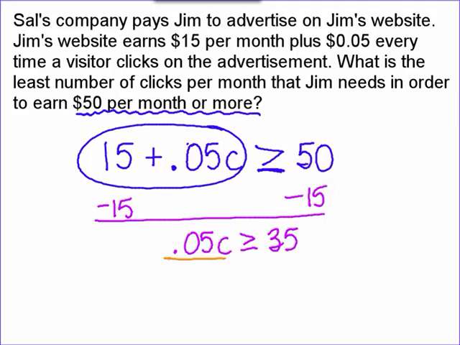Divide by 0.05, and what does that come out to be? 700. So let's put into context what this means. What does c stand for? Clicks greater than or equal to 700. So what is the least number of clicks? You would need 700 clicks.